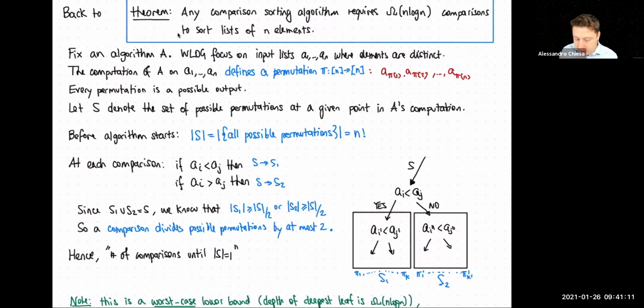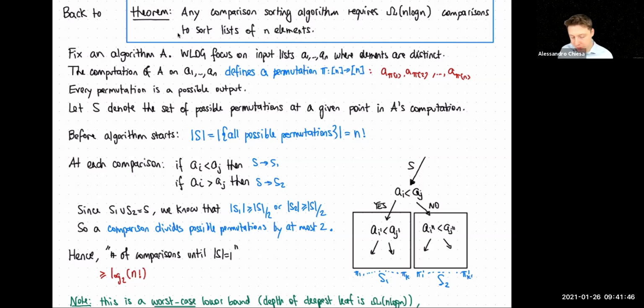So the number of comparisons until the size of S is 1 is going to be at least log base 2 of n factorial, because n factorial is the number of permutations we start from. In the best case scenario, we halve it each time. The number of halvings of n factorial to get 1 is log base 2 of n factorial, okay?